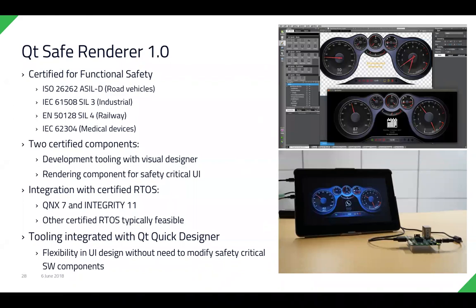So you can very easily define your user interface, specify which parts of it are safety critical, and those will then be taken out by the tooling and rendered by that safety critical renderer, whereas the rest of it will be rendered by standard Qt rendering paths, i.e., for example, Qt Quick. Integration is currently available for certain certified RTOSes, QNX 7 and Integrity 11. Other real-time operating systems are usually feasible if that is required.